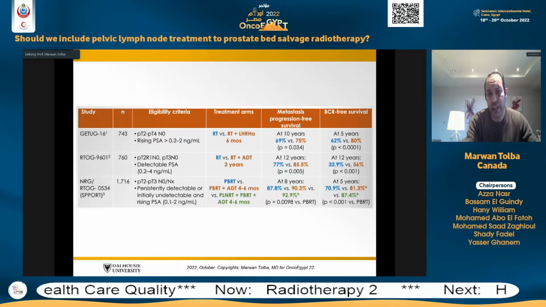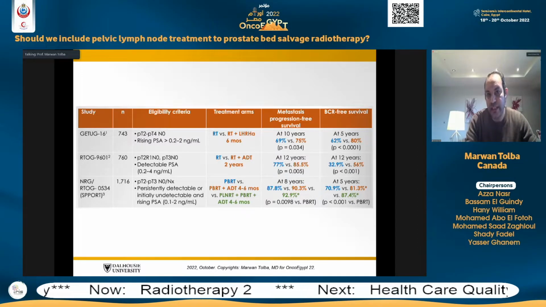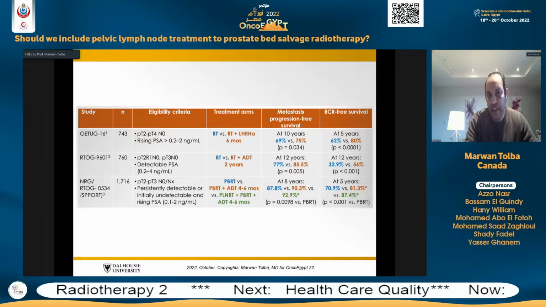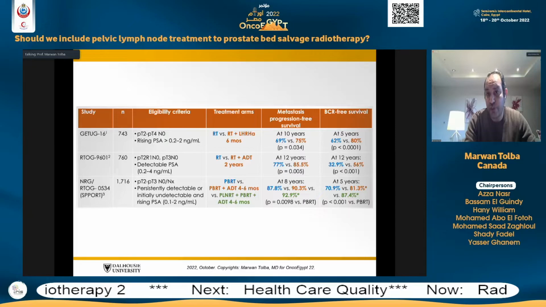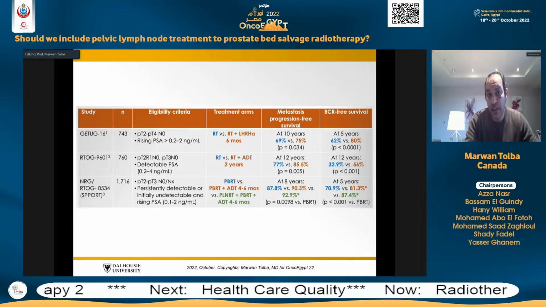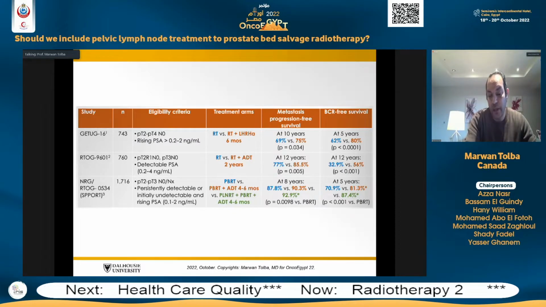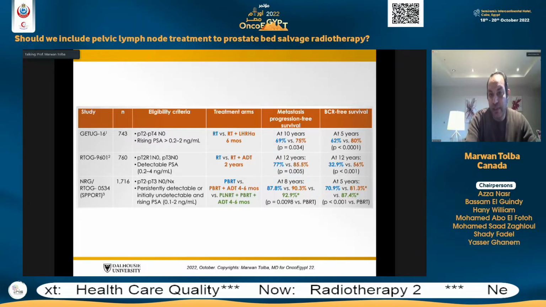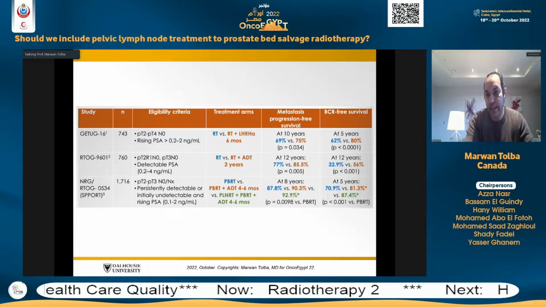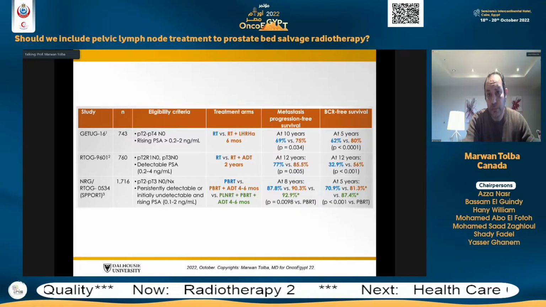In the OncoEgypt trial, they added long-term ADT, but they didn't treat the pelvis, and that also showed benefit in metastasis progression-free survival and biochemical recurrence-free survival. The recent SUPPORT trial, as we mentioned, used pelvic lymph node radiotherapy with short-term ADT, and this arm was actually superior to both of the other arms.